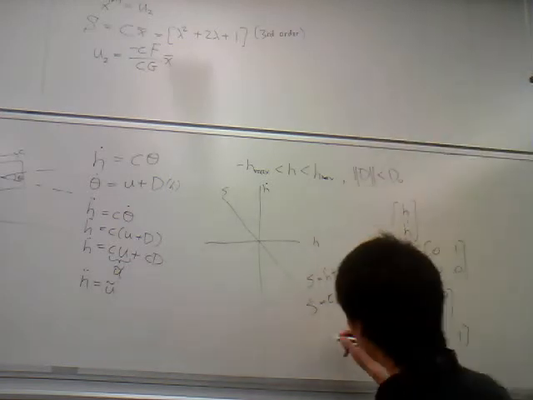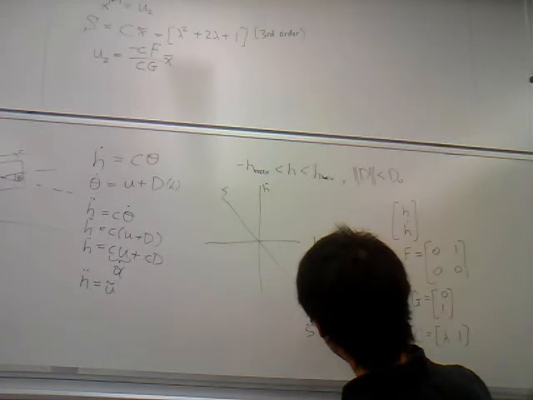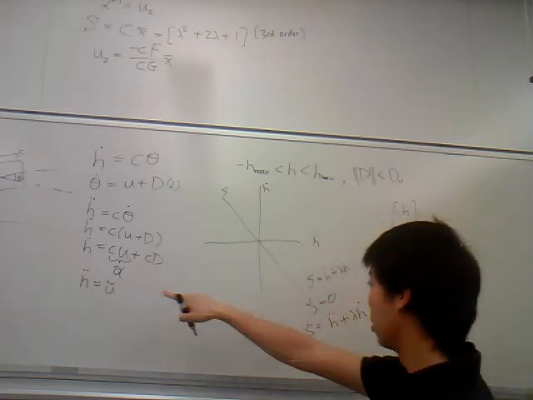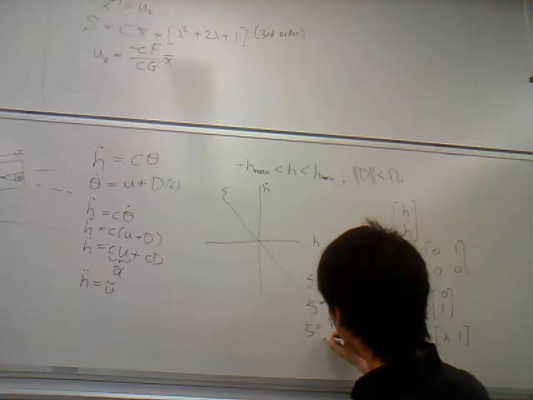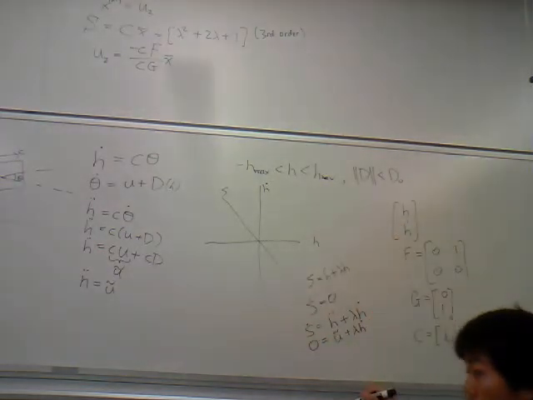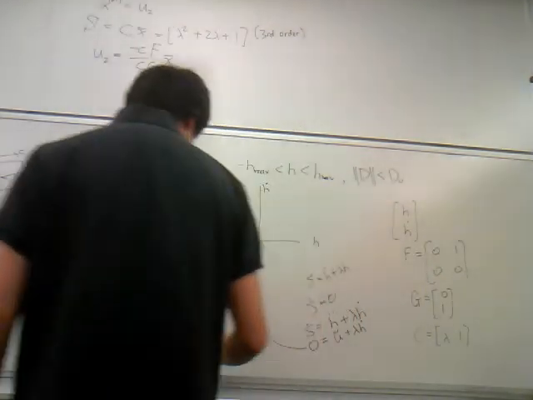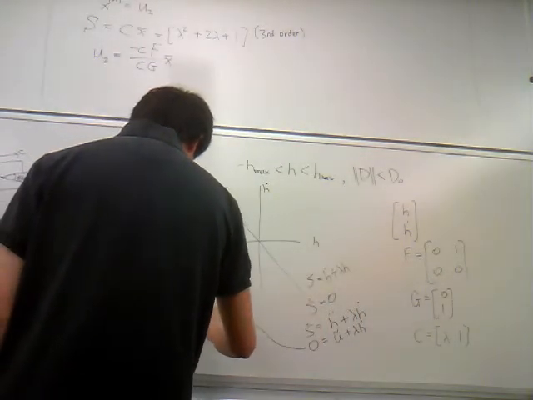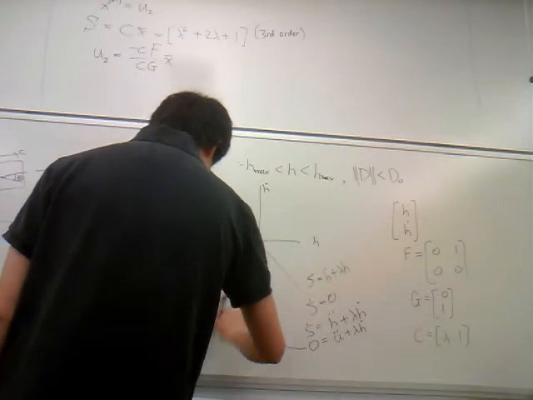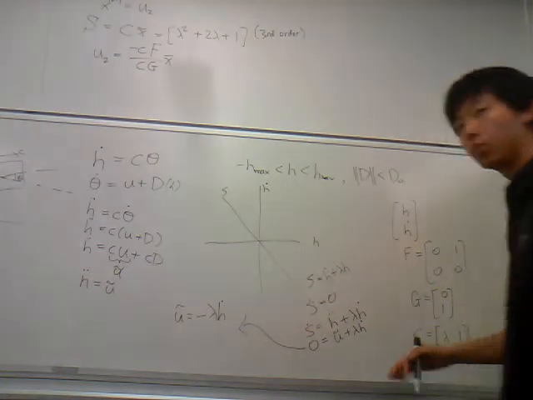S dot is h double dot plus lambda h dot. h double dot can be approximated by our u tilde, and this whole thing is 0. So we get u tilde is negative lambda h dot, which is the result we've seen before.